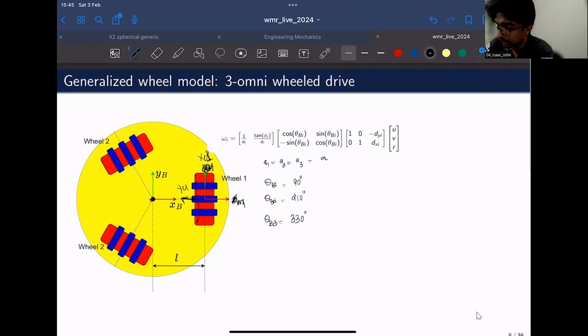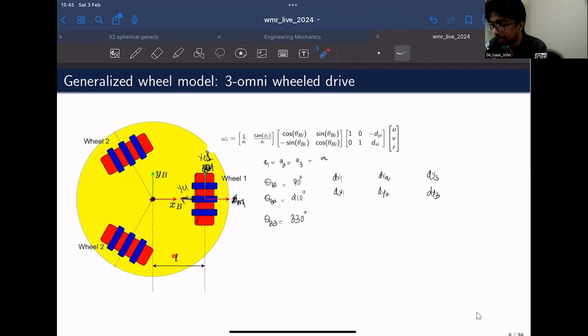And what would be dyi and dxi? dx1, dy1, dx2, dy2, dx3, dy3. So dx1 would be the x coordinate, the position of the frame C1 along the xb axis.